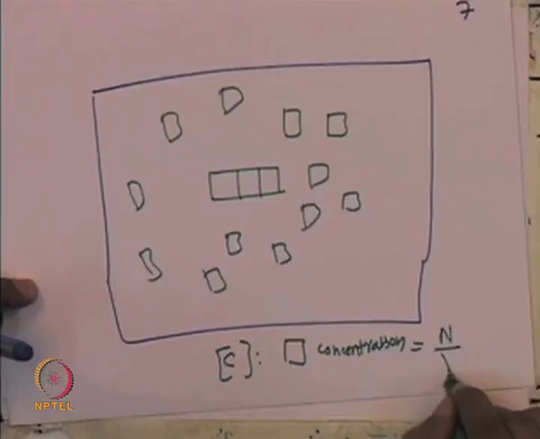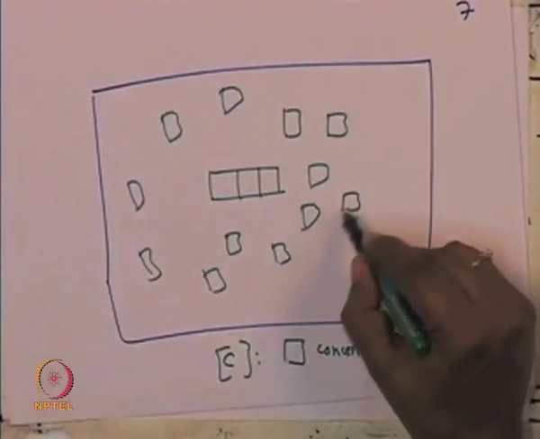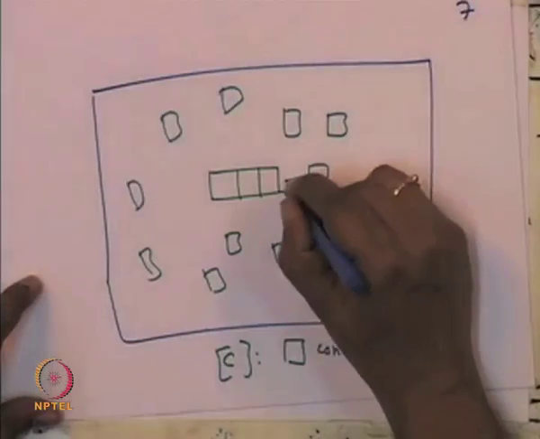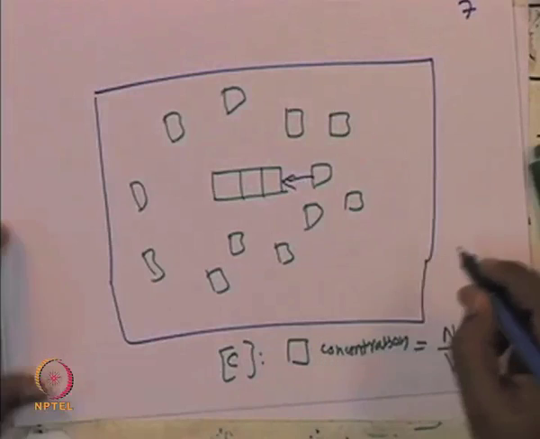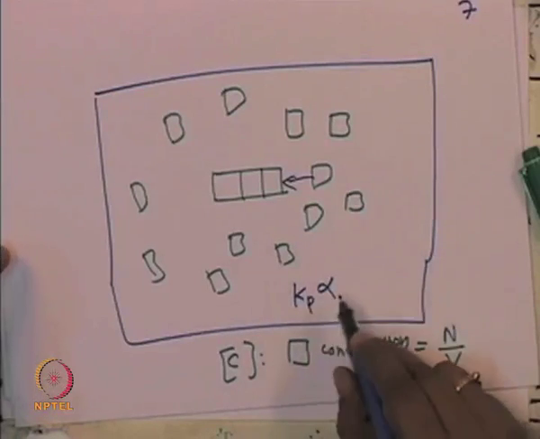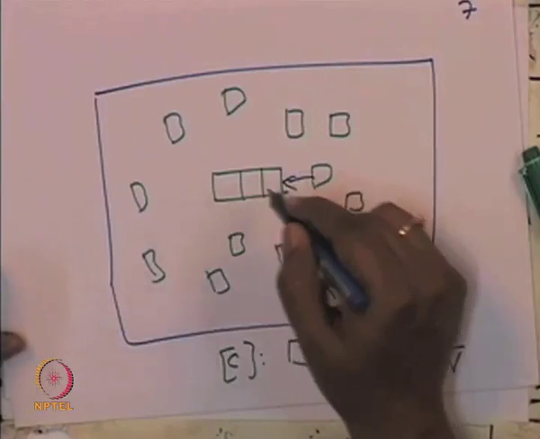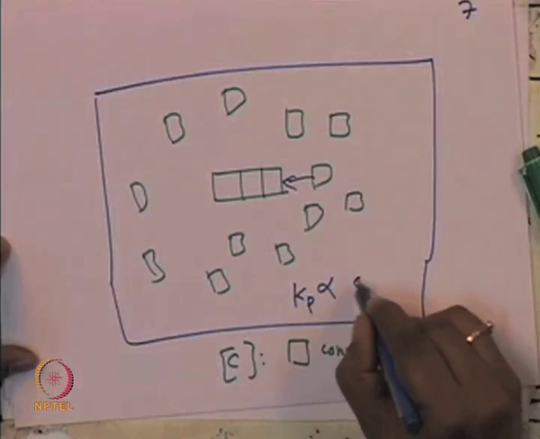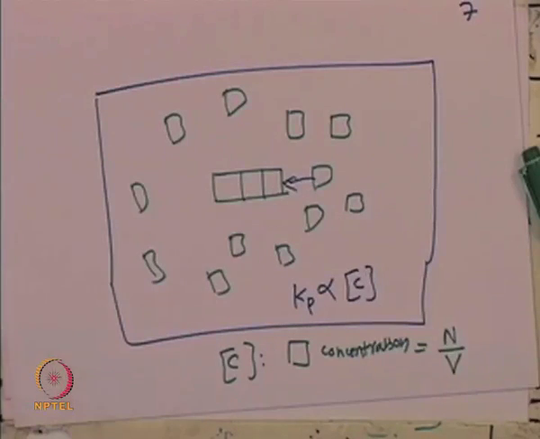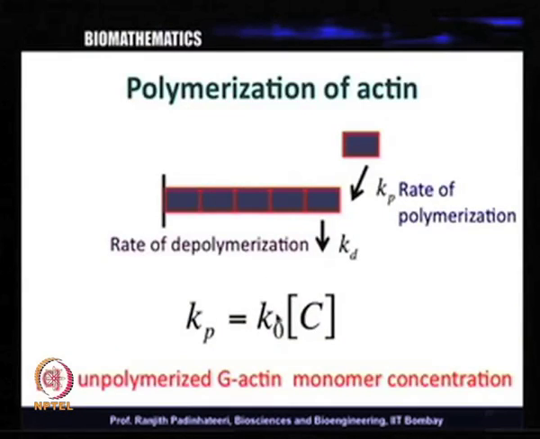Concentration means number by volume. In this volume, how many monomers are there? That is the concentration. The more there are, the more likely that they will hit and bind, so the rate of polymerization is likely to be more. This is directly proportional to C, and the proportionality constant is some rate K0. So Kp, the polymerization rate, is K0 times the concentration C.